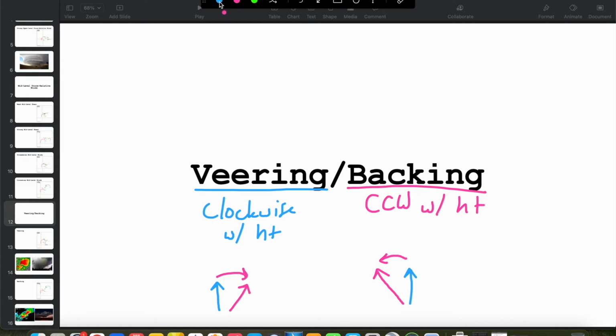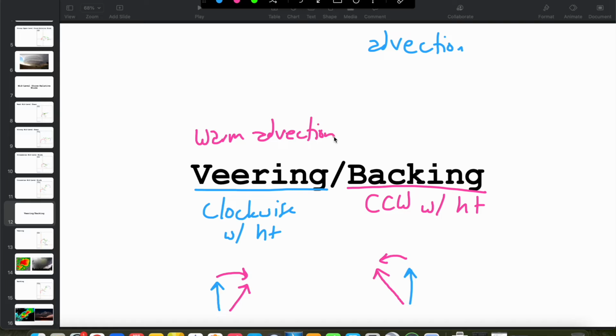So veering and backing also determine the type of advection that a certain layer is experiencing. Of course, advection is just the transport of air, or some other meteorological quantity, from one place to another. So when you have veering winds in a certain layer, you have warm air advection.